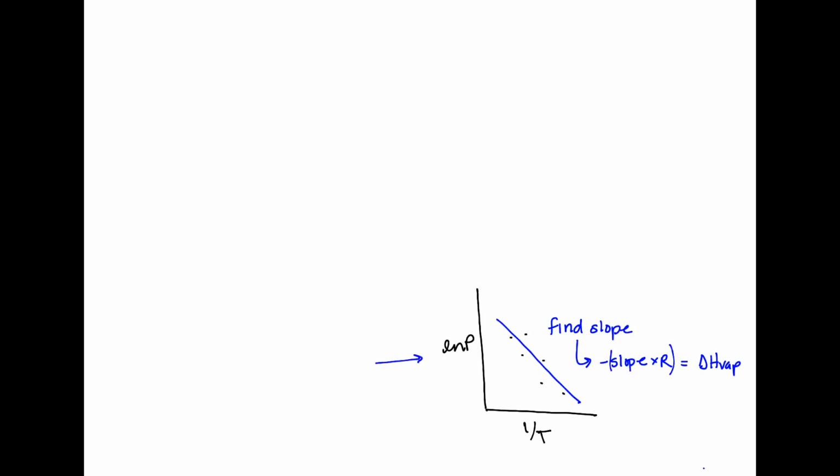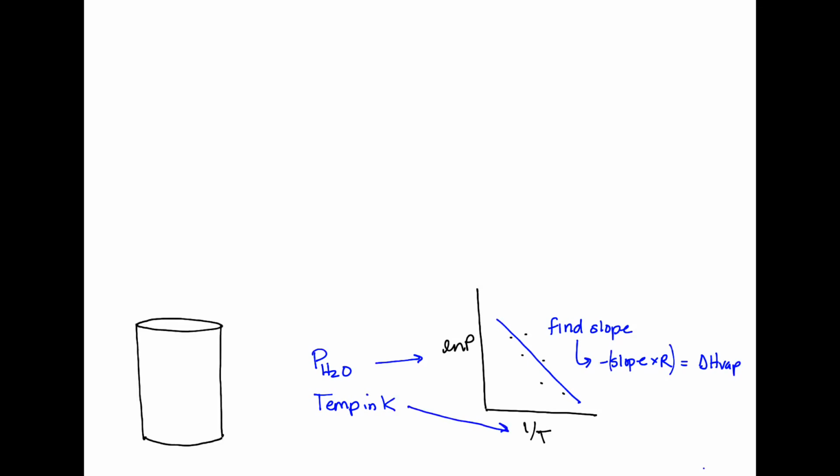So to make this graph, we're going to need the partial pressure of water, and we're going to need the temperature in Kelvin. If you've watched my video on the setup for this lab, or you've read the lab really carefully, you would know that the way that we're going to collect our data is that we are going to take a beaker, we're going to put some water in it, then we're going to put a graduated cylinder inverted upside down in there, and the graduated cylinder is going to have some air trapped in it, and it's going to have some water in it.